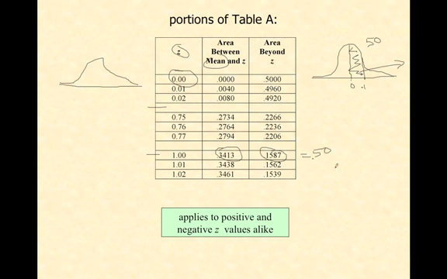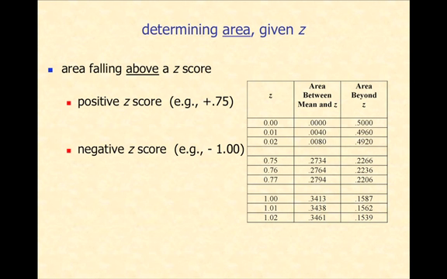So let's look at another example. Another use for a z-score is to determine the area of the curve that's represented by that score. So, for example, if we look at a positive z-score of plus 0.75, we can see the area beyond or above. Let's illustrate again what we mean by that.